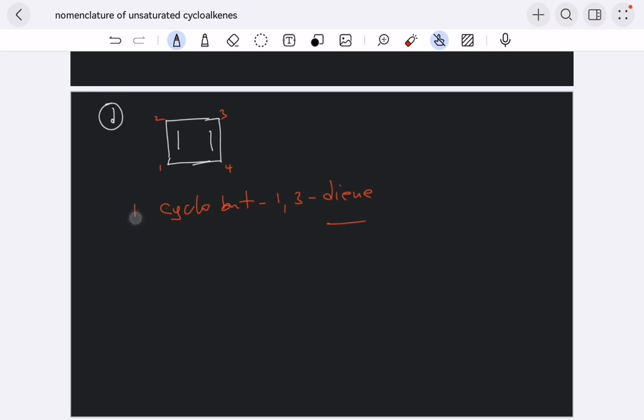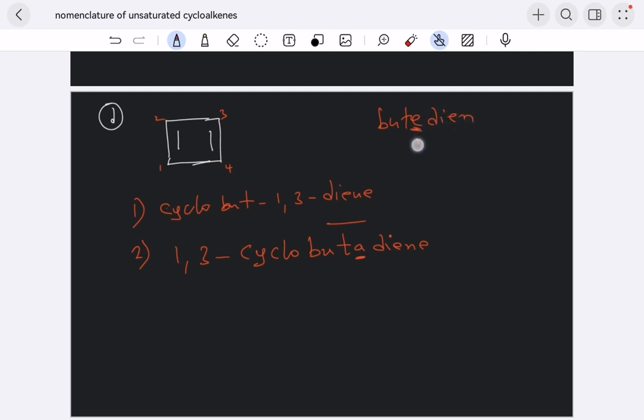Alternatively, you can say this can be called 1,3-cyclo. So the name changes to butadiene. So when we're dealing with 2 double bonds, we cannot say butene.